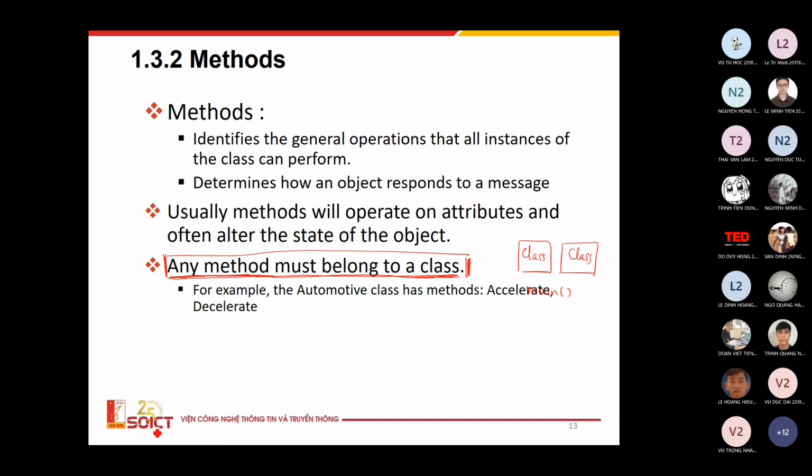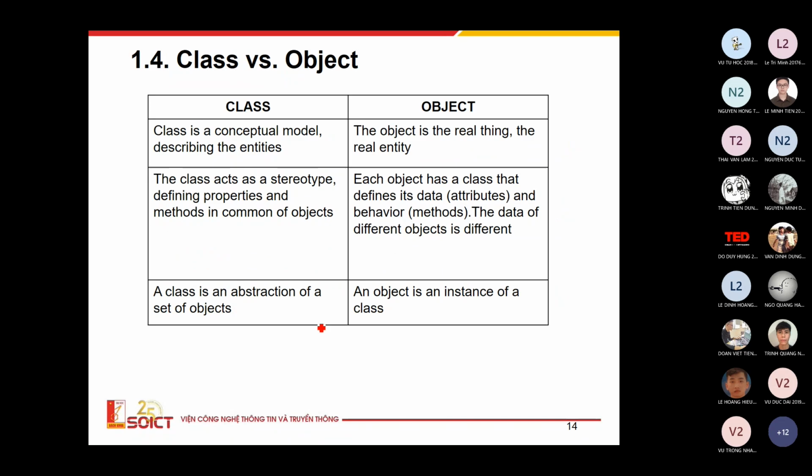And this is another example. When you have the automobile class, you will have methods to describe that it can accelerate or decelerate, for example. I think this is just a reminder, so I can go quickly, and I hope that it can remind you about the first lesson we learned already.